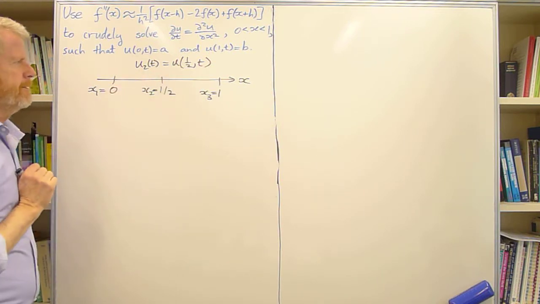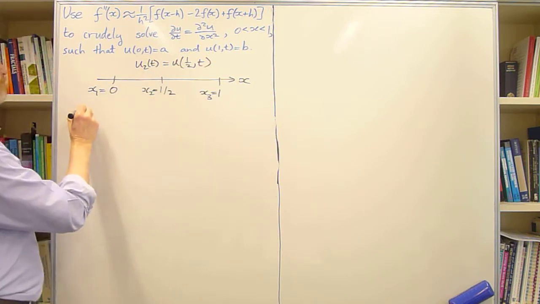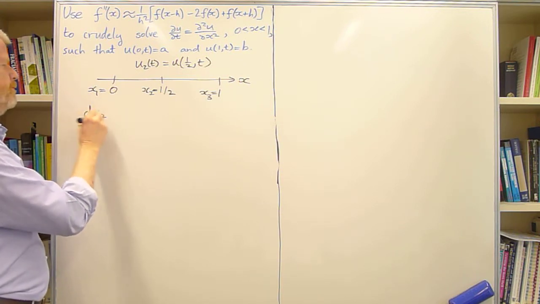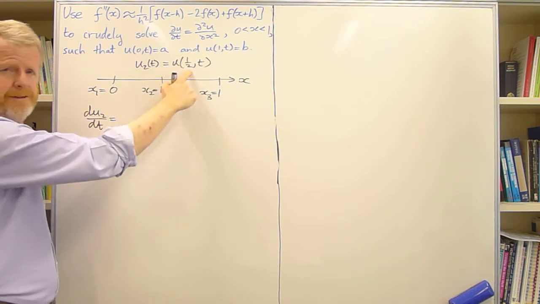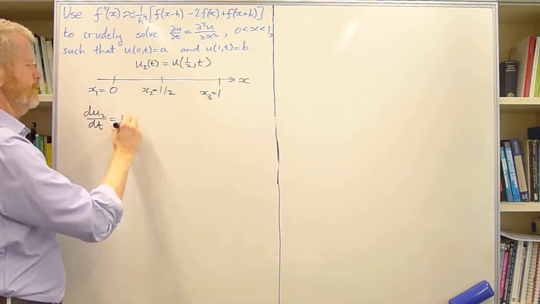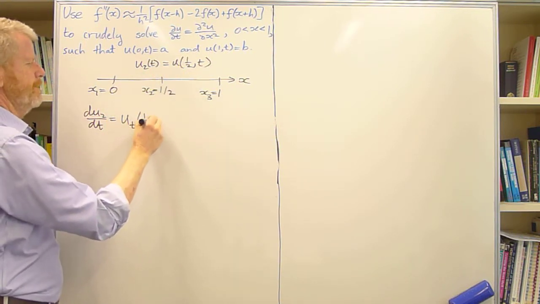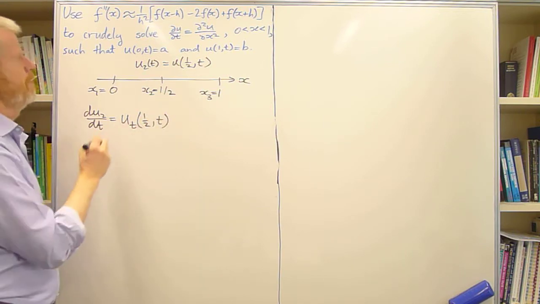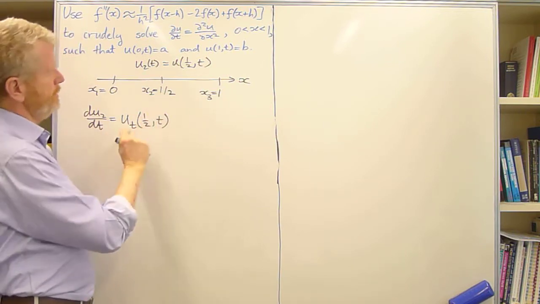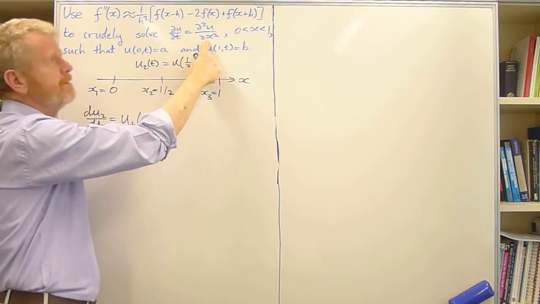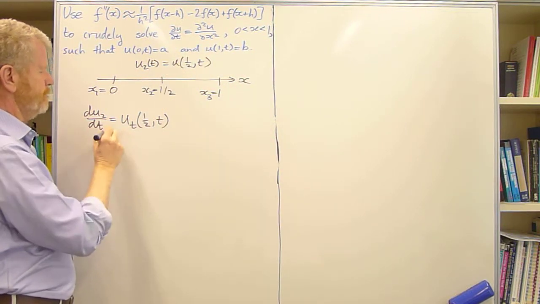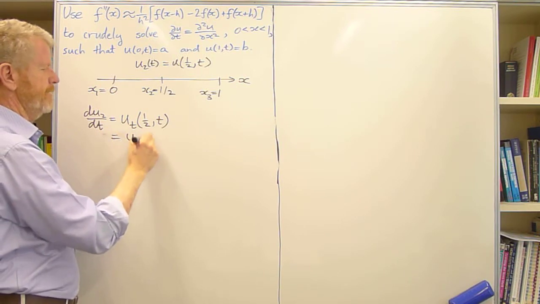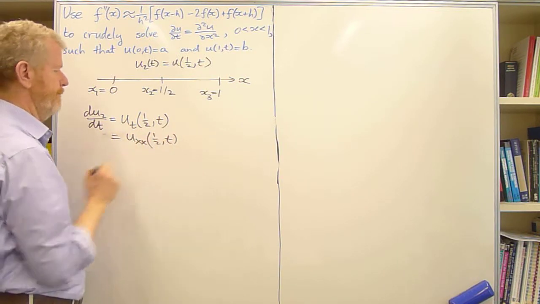Now, let's have a look at the differential equation. du2 dt, how this changes in time, is the partial derivative of this, du by dt, evaluated at a half, t. But from the differential equation, this time derivative has to be the second space derivative. So that's equal to uxx evaluated at a half, t.